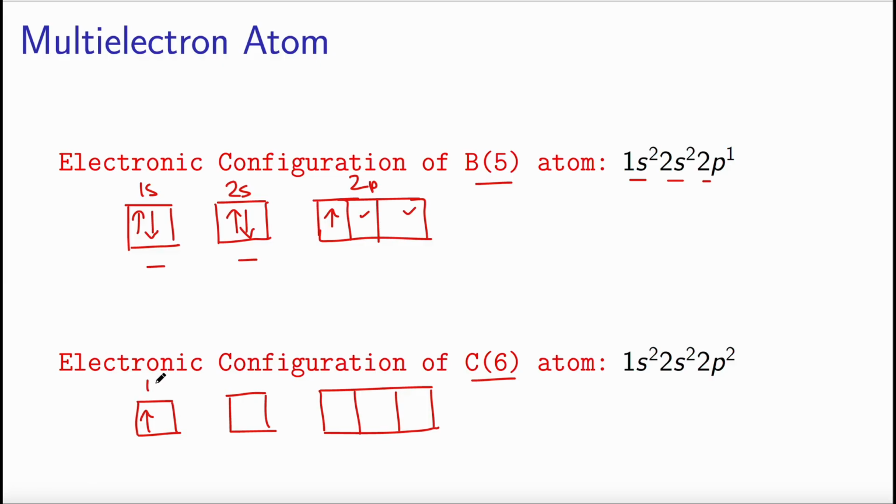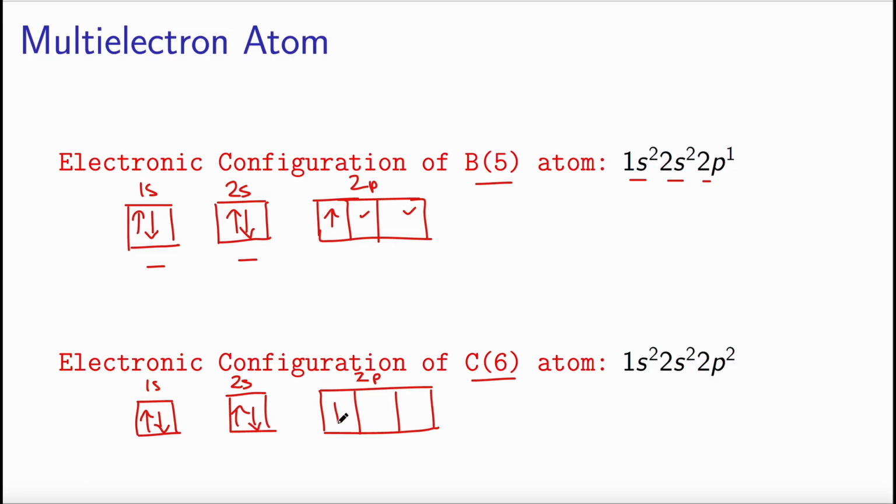This is 1s, this is 2s, and this is 2p. Here it will be 1 up and 1 down. Just repeat what we have done here, 1 up and 1 down.